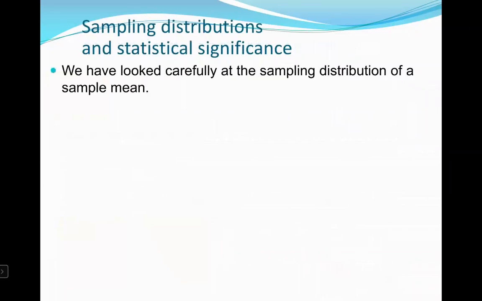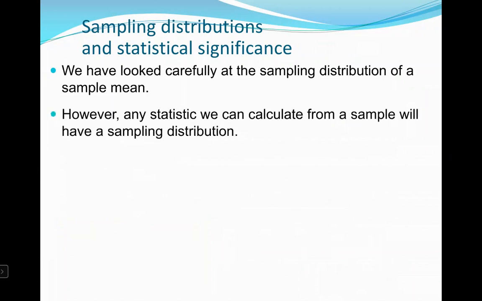Sampling distributions and statistical significance. We have looked carefully at the sampling distribution of a sample mean. However, any statistic we can calculate from a sample will have a sampling distribution.